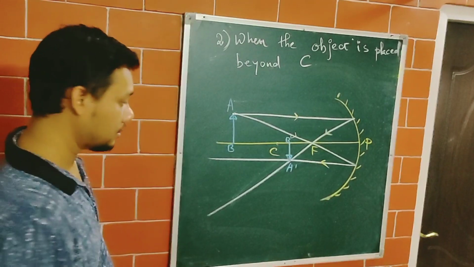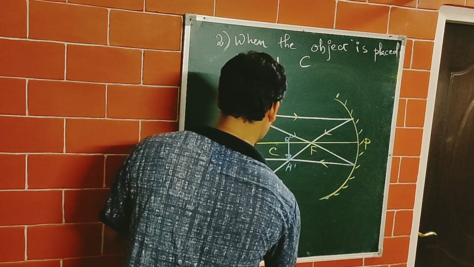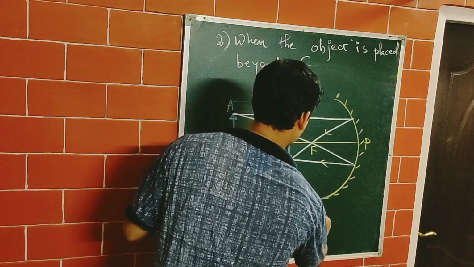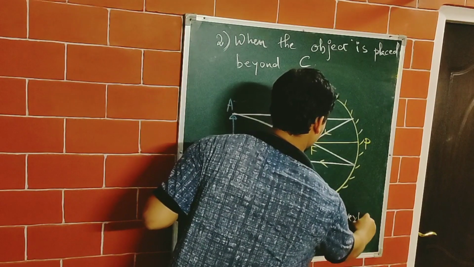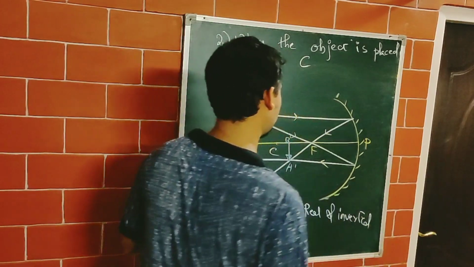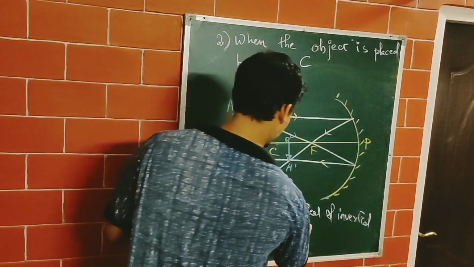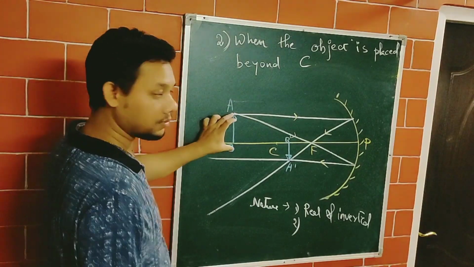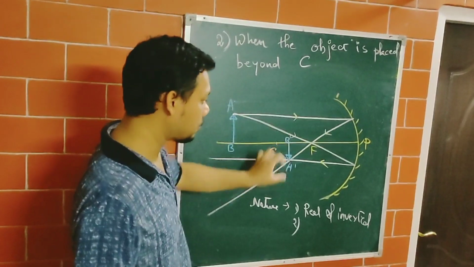Nature, what will be the nature? First, real and inverted. Number 2, this is the size of the object and this is the size of the image. It is a bit smaller.